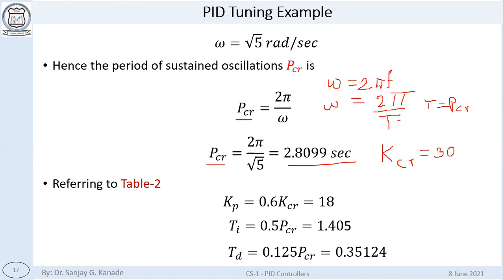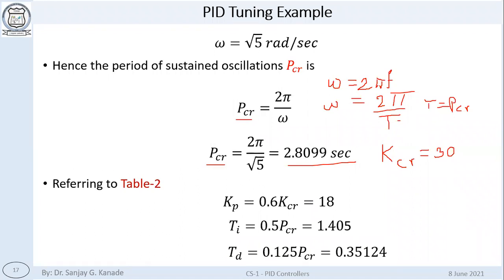Now using our table, which table? Table for the second method, because we are applying the second method of PID tuning. Applying the second method using those formulae directly, Kp, Ti and Td are calculated, and that is what we get. Kp is equal to 18, Ti is equal to 1.405 and Td is equal to 0.35124.